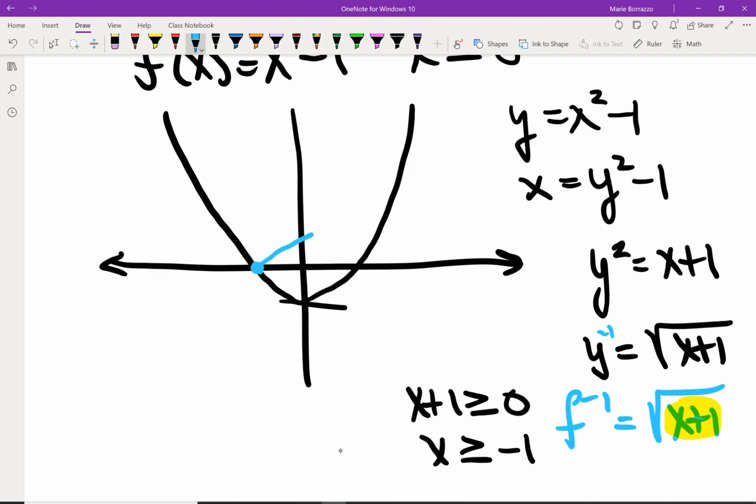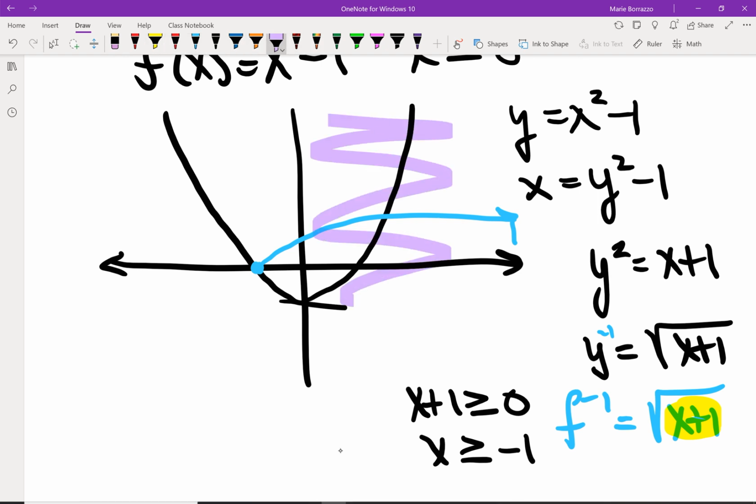This inverse is going to shoot out this way. So it's domain restricted because x has to be a positive number. So regardless, I'm over here on this side of the parabola. So in essence, I am going to eliminate anything that's over here in the pink, minus that point that I have the blue on, right?